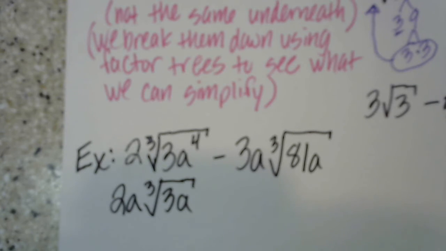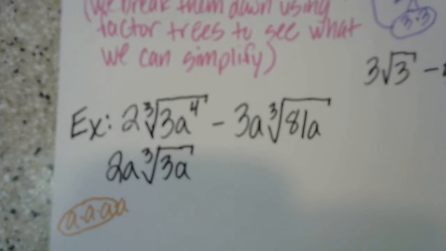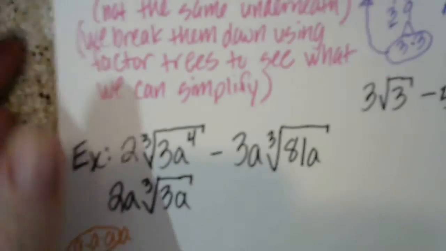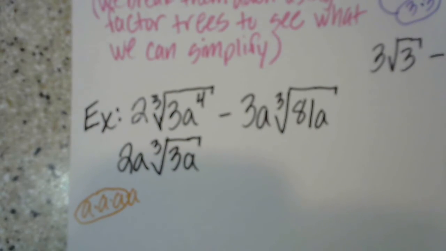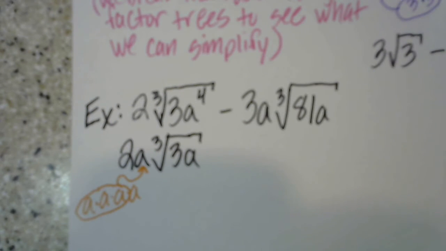Just to draw that out for you. So we had a times a times a times a, so there's 3 a's that I can take out, and 1 left over. So that's where that a came from.